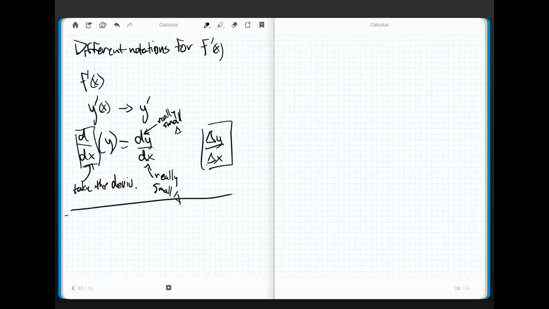Now, if I can take a derivative of a function, and that derivative is a function, guess what else I can do? I can take its derivative. All right, so I can express that as f double primed of x. I can express it as y double primed of x, or y prime prime. Or I can go through this exact same process here, and we won't have to do this anymore, of dy over dx, and watch what I get.